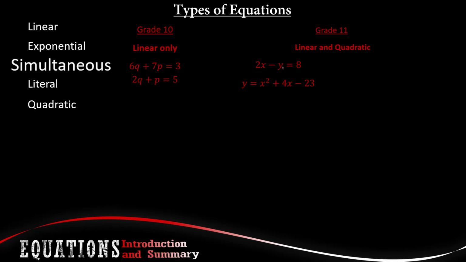Then you just do simultaneous equations on those equations or functions. It's not always set in stone that it is linear and quadratic. Sometimes in your algebra questions you can get one that's quadratic and maybe a circle or whatever.